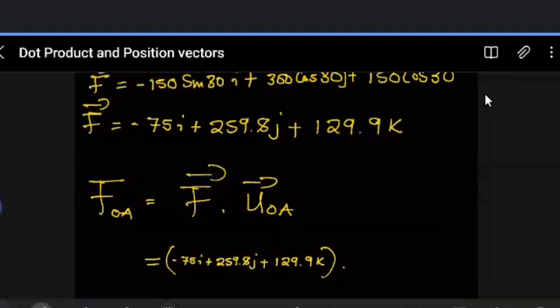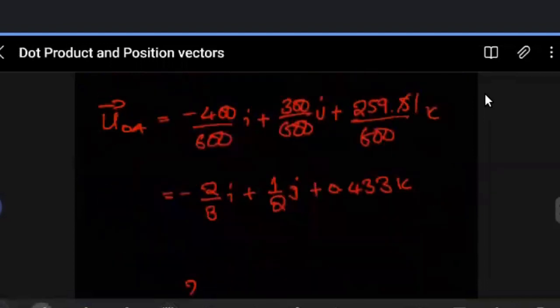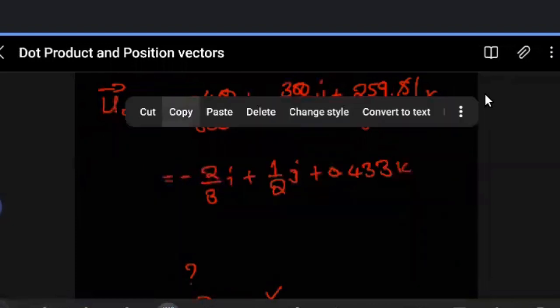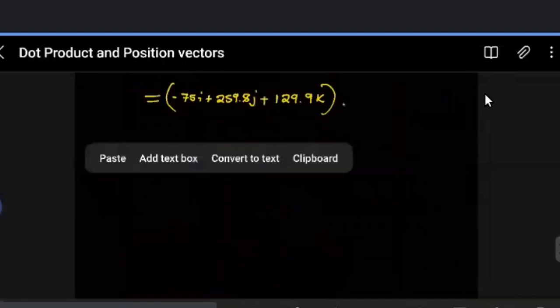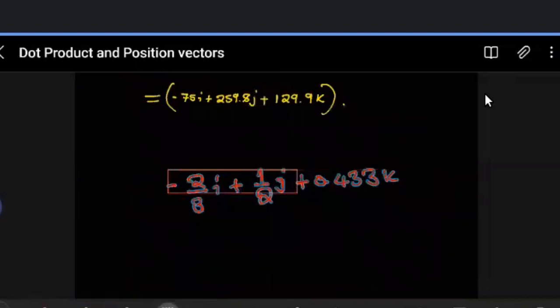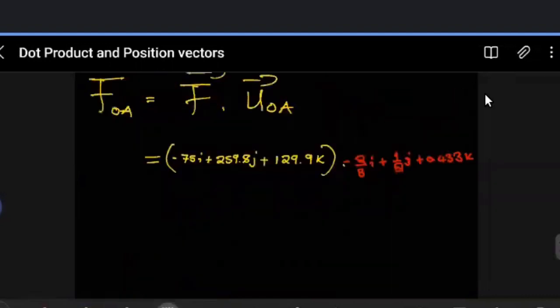Then the unit vector, we found the unit vector earlier. Okay, so this is what we have. So now we need the dot product here. So the 75 multiplies 3 over 2. So what are we going to get there? Is it 50?